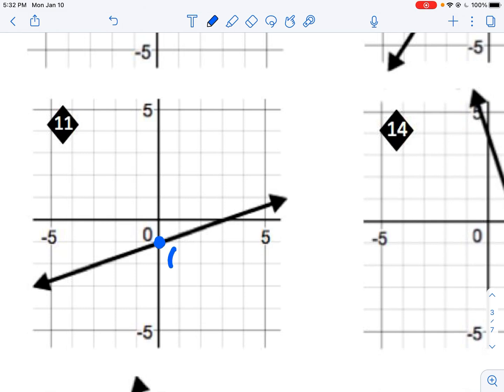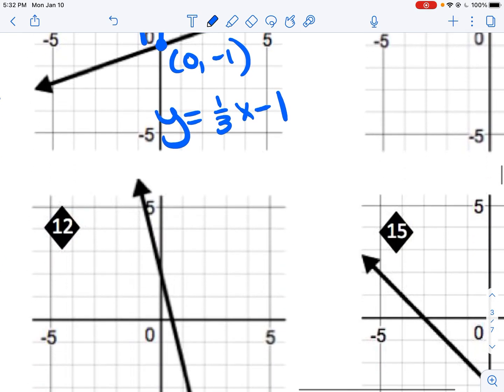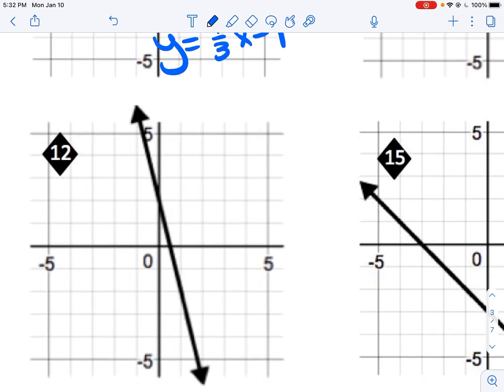It's going through the point (0, negative 1). It's going through this point right here. It is a positive slope. It goes up 1. It goes over 1, 2, 3. So y equals 1/3 x minus 1. This one goes to the point (0, 2).